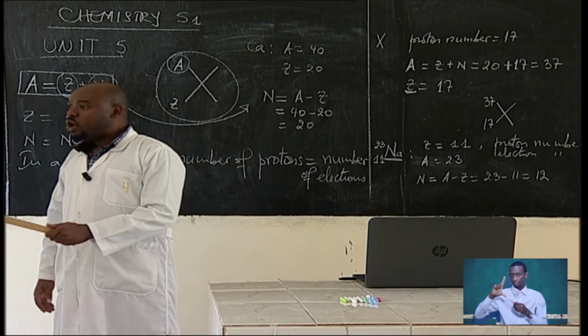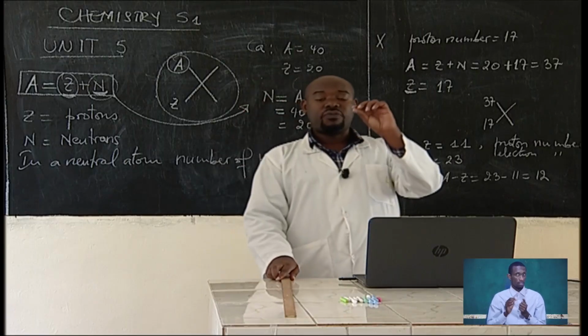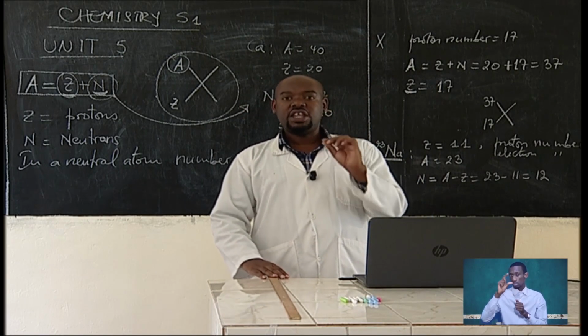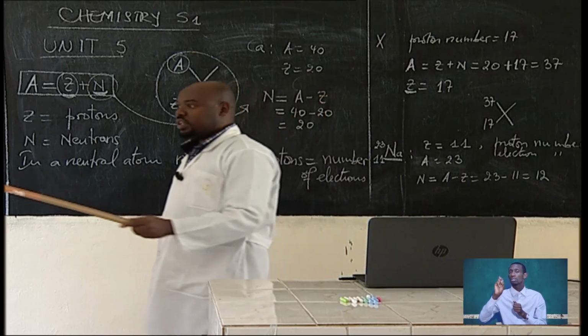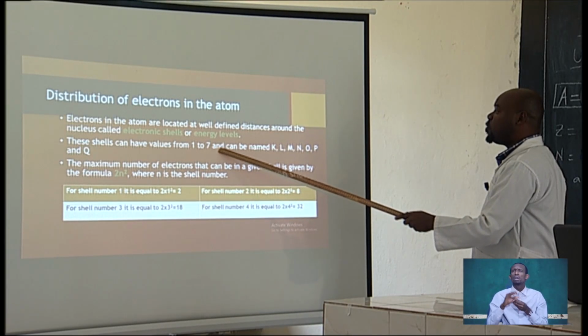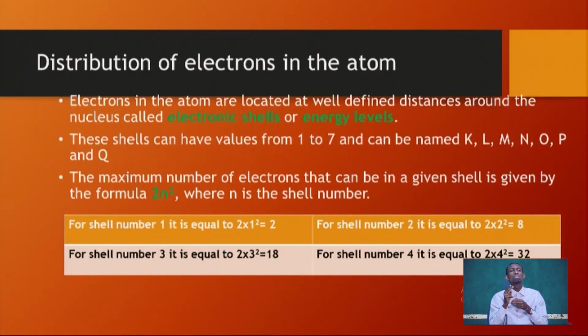And we know that we have a maximum of 7 energy levels in the atom. These shells can have values from 1 up to 7, and they can be named K, L, M, N, O, P, and Q, like this. We have energy level number 1. This is the nucleus.